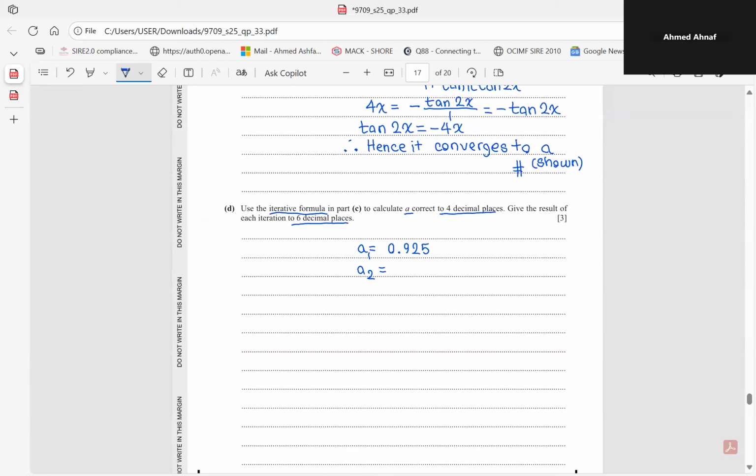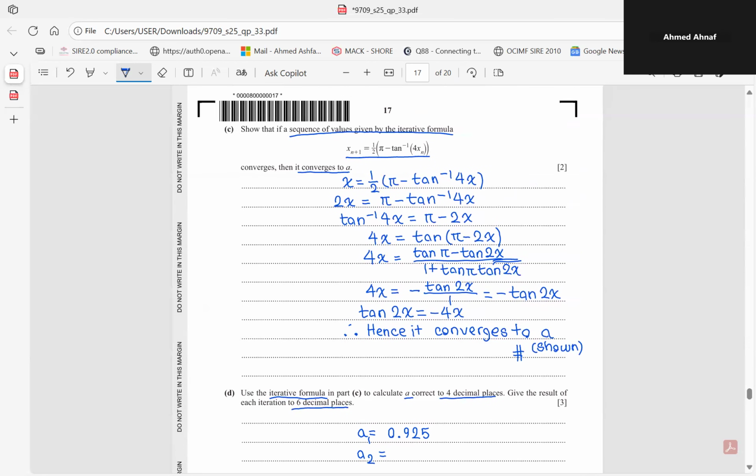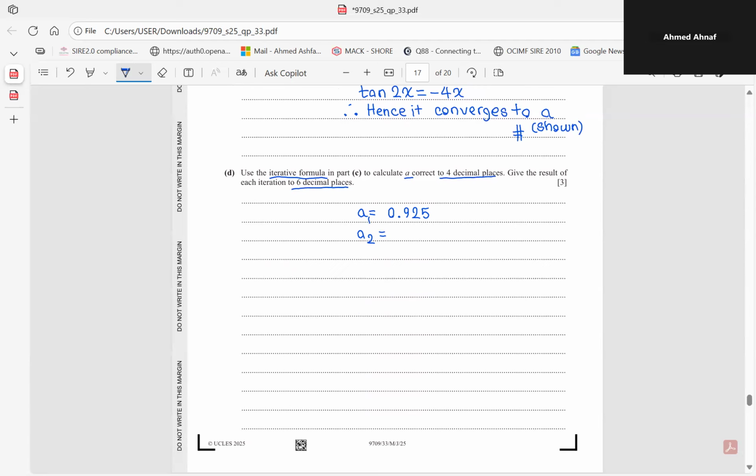So to do this question, you let your initial value be the answer in your calculator. And then you type your iterative formula: half times pi minus tangent inverse of 4 times answer. And then you press the equals button one time, you will get your first iteration. So first iteration would be 0.917380.